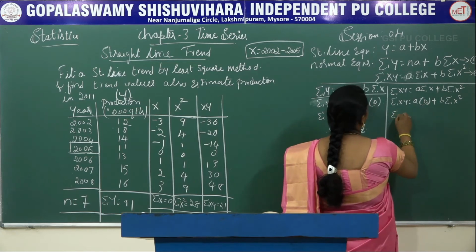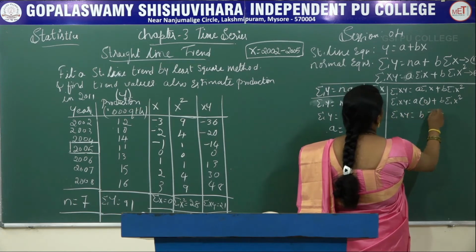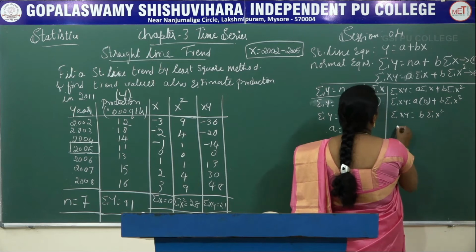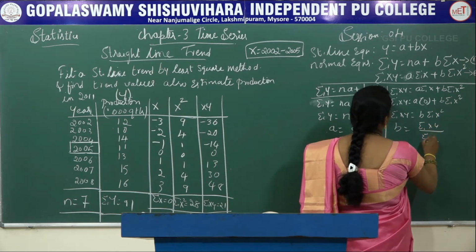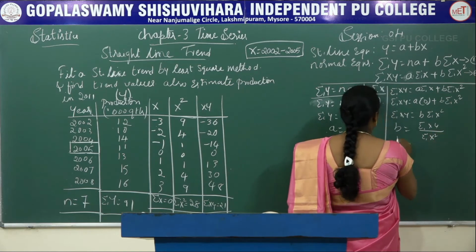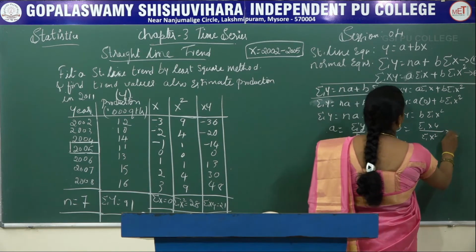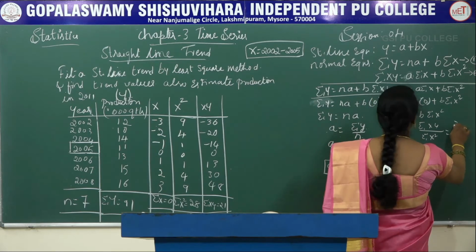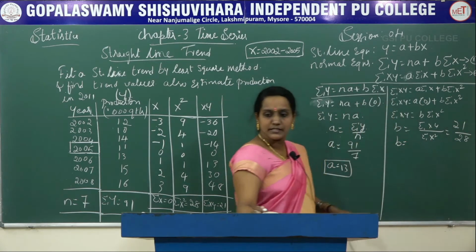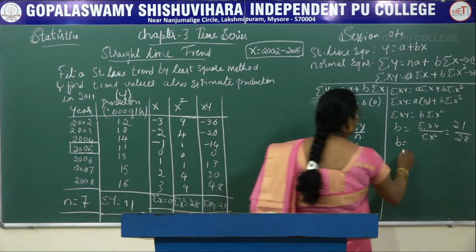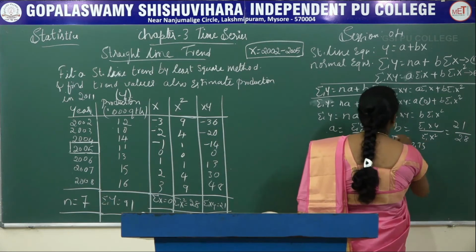So b is equal to summation of xy divided by summation of x square. Summation xy is 21 and summation x square is 28, so the b value is 0.75.